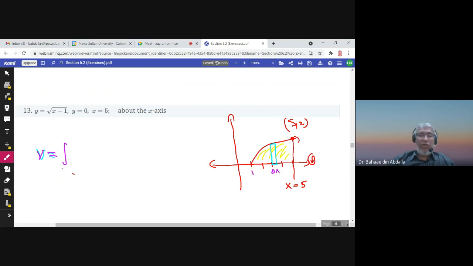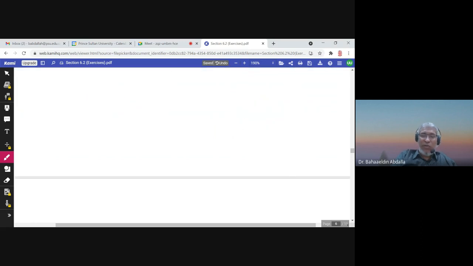From 1 to 5, pi. What is the radius? Okay, the distance from here to here. It's y of this curve, which is square root of x minus 1 to the power 2, or just x minus 1. So this would be pi radius squared dx. This will give you the volume of the solid of revolution.